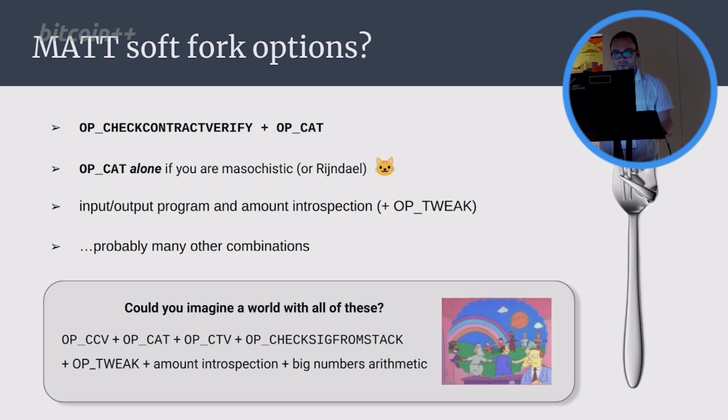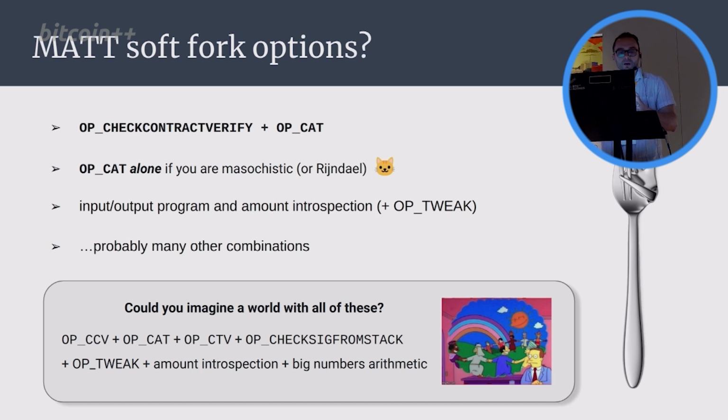And so in implementing these things, well, I think it's useful to just play with the tool that we have right now, so that we can discover what we can do with these things. And so my claim is that if you consider, for example, those set of opcodes that are listed there, so check contract verify, OP_CAT, something like CTV or TXHASH, and check sig from stack, and tweak, plus some other opcodes, like amount introspection and big numbers arithmetic.